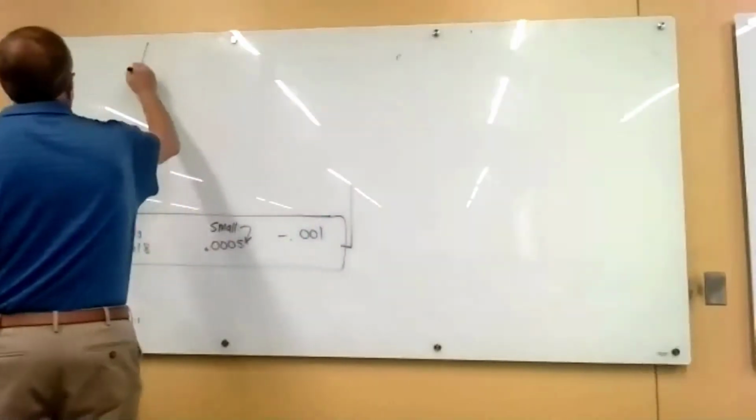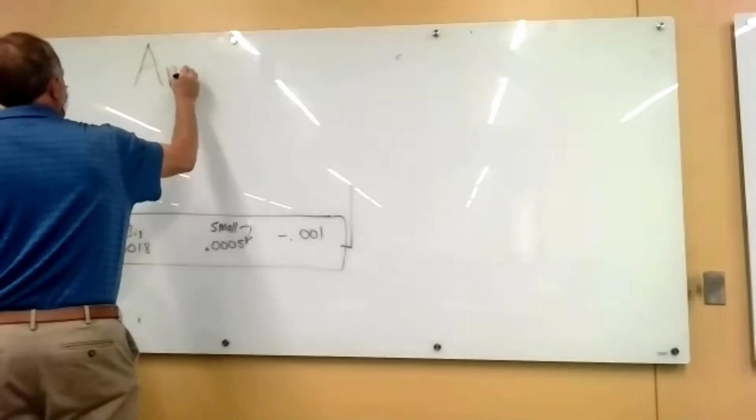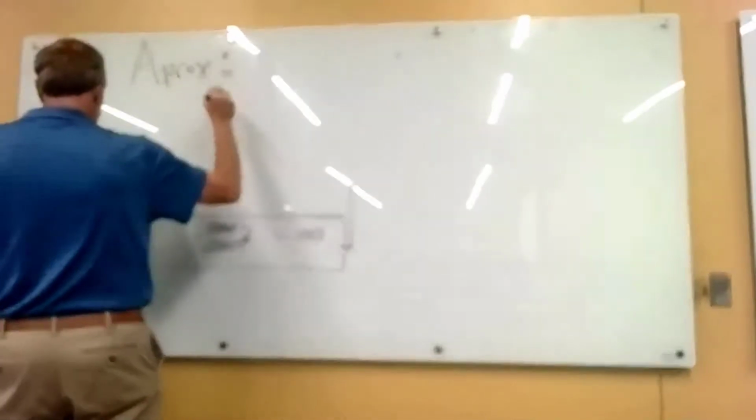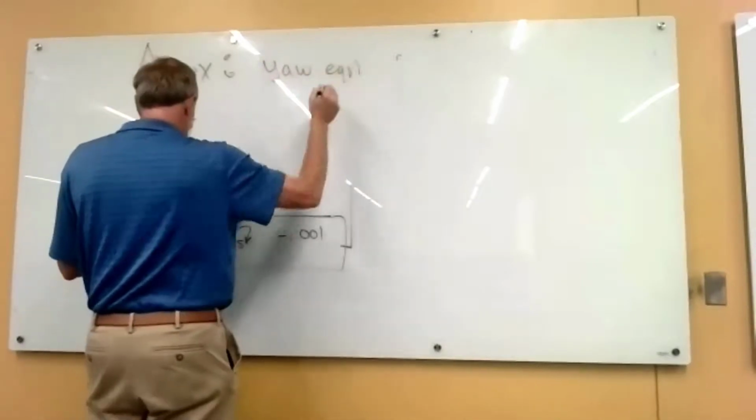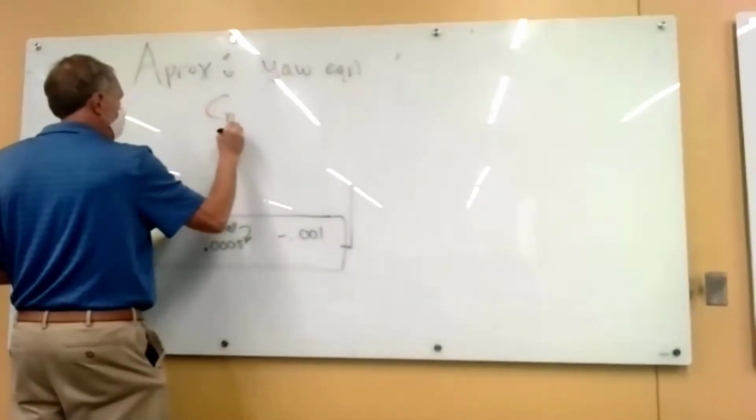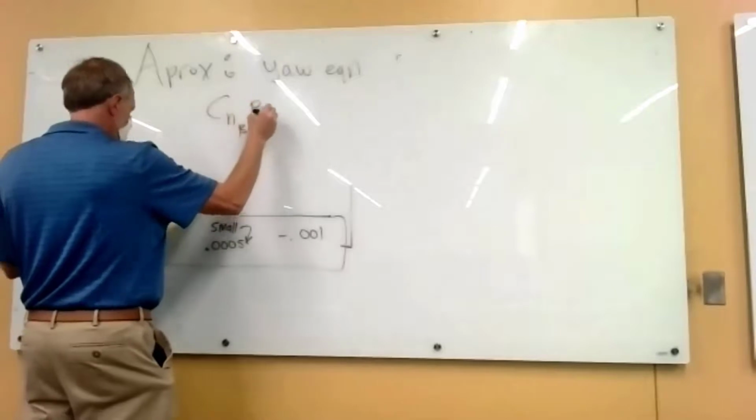So as an approximation for doing preliminary design, we're just going to use the yaw equation. It looks like this.